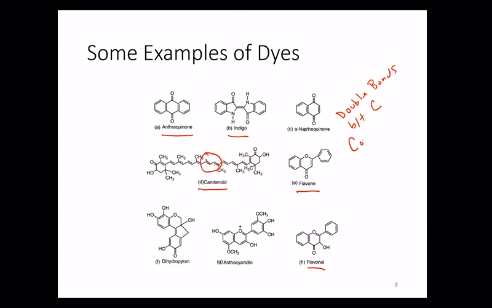Those are referred to as conjugated double bonds. And these are important because these conjugated double bonds are what provide the area to move or excite electrons.